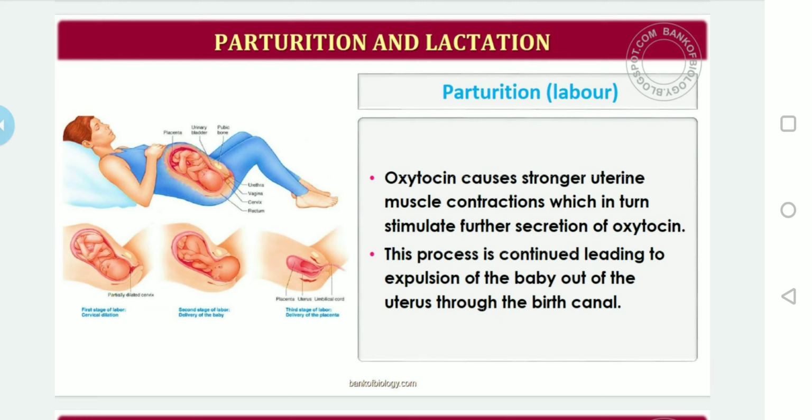This leads to the expulsion of the baby out of the uterus through the birth canal, which results in parturition. Then almost all the remaining hormone secretions go on naturally. Soon after the delivery, the placenta is also expelled out of the uterus. You can identify the left side of whatever they have given in the diagrams.